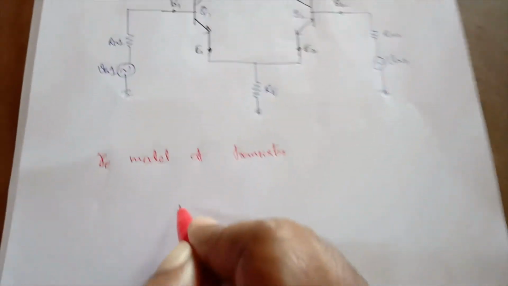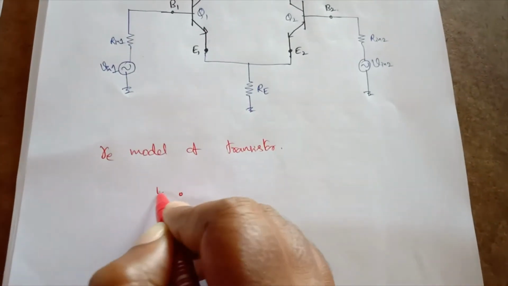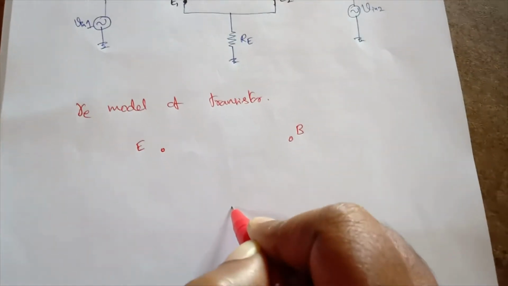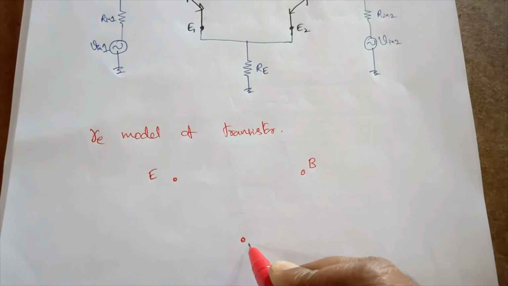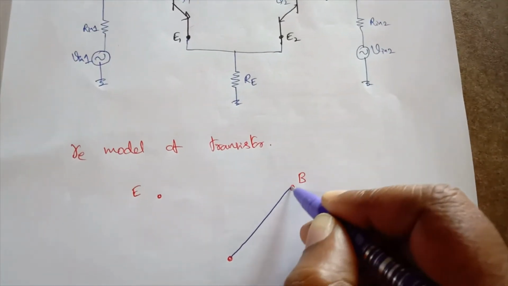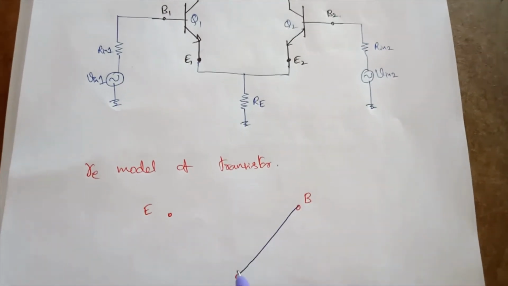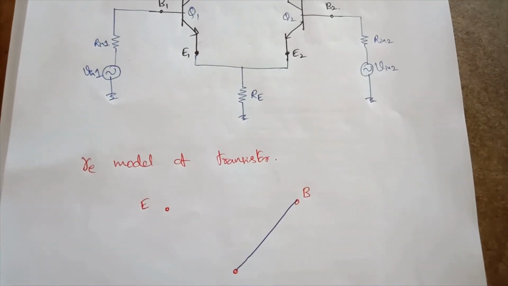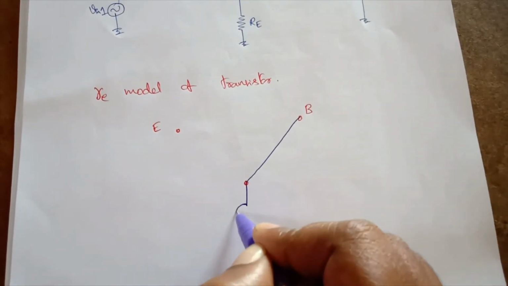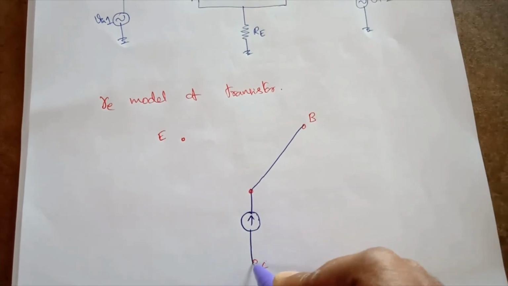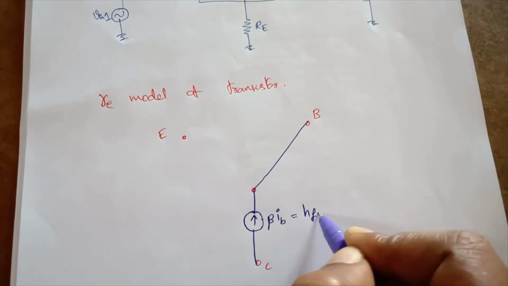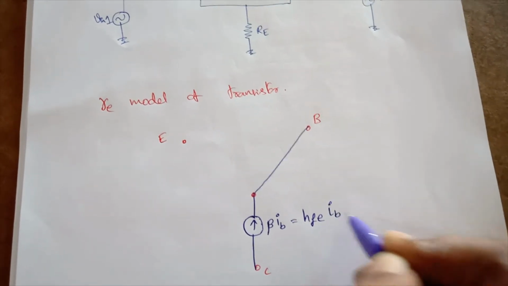In the RE model we have three terminals: emitter, base, collector, and one more common terminal. From base to common terminal there is no component, and from collector to common terminal we have a current source. That current source is beta times IB, the same thing we represent as HFE times IB.